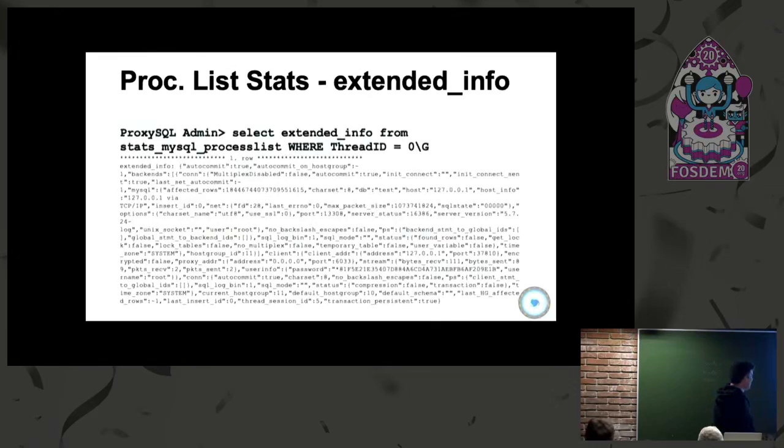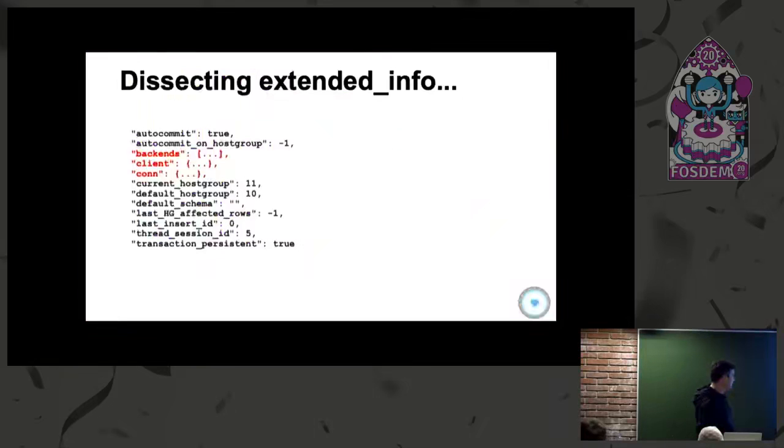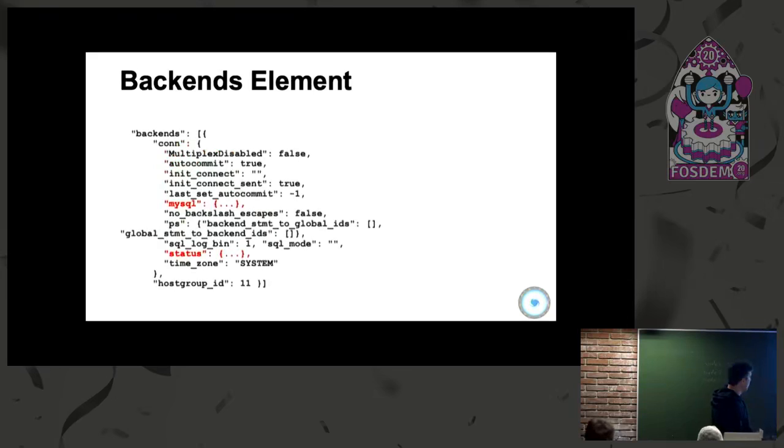This is what the information looks like for a thread ID 0. Okay, don't worry, keep calm and love JSON. If you beautify this and you break it down and dissect it, what we can see here, it's a bit small, here we have backends, the client, and the connection. So you can get information about what's happening on your backend, very useful information.